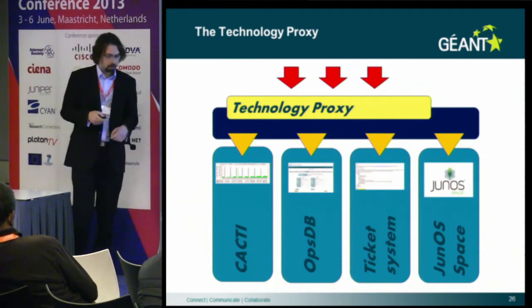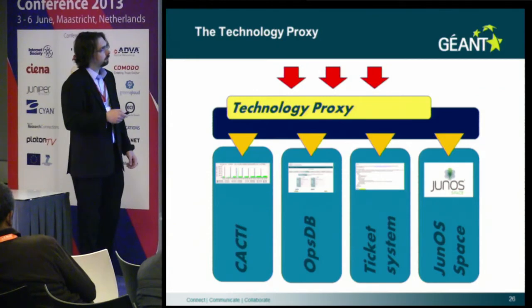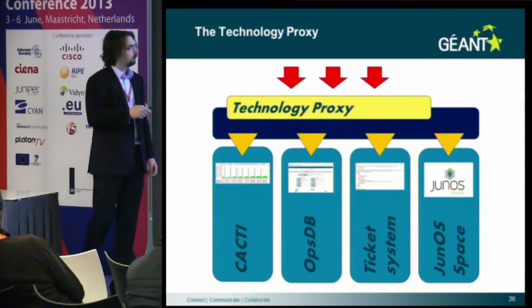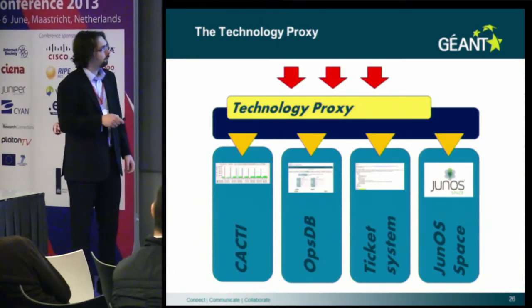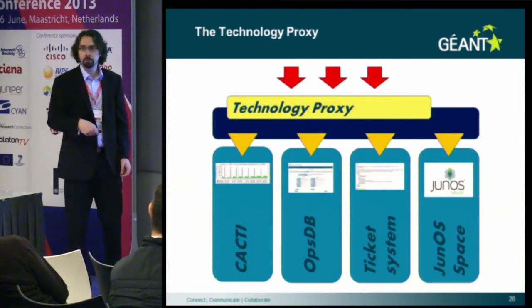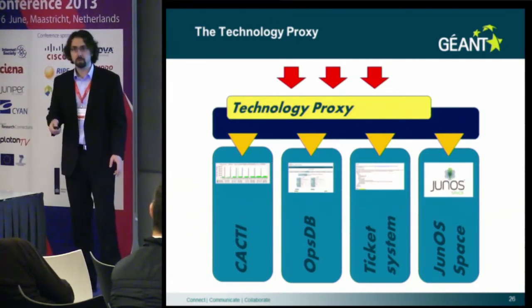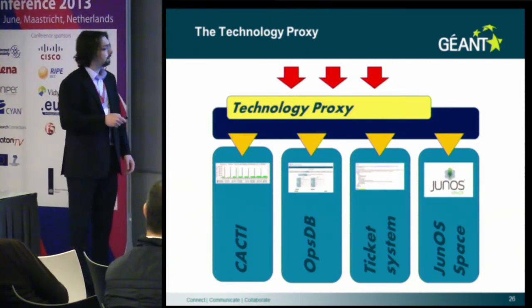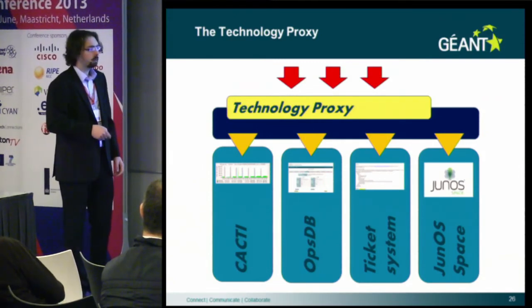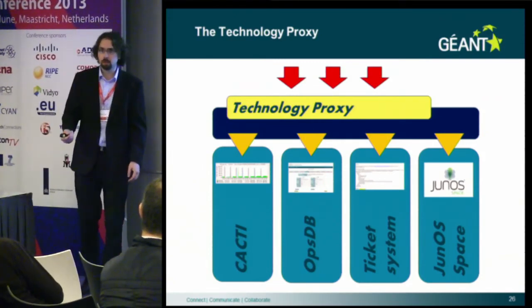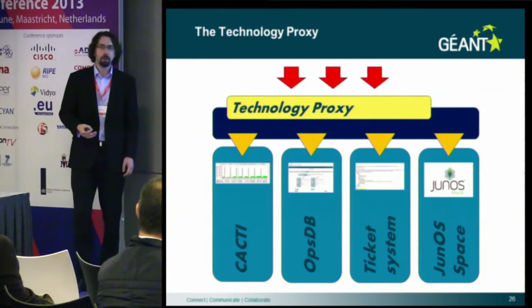So I have my request going through the technology proxy. The technology proxy pushes it onto Genospace and configures it in the network. Everything is fine. It then goes onto the ops database and creates a new entry in our database. What does it mean?